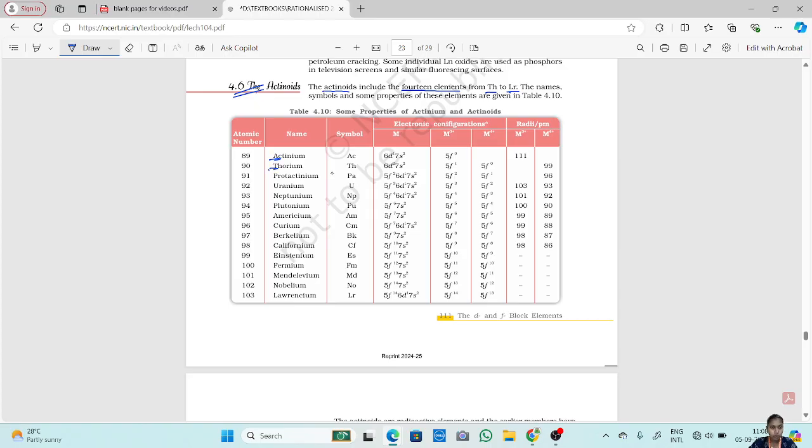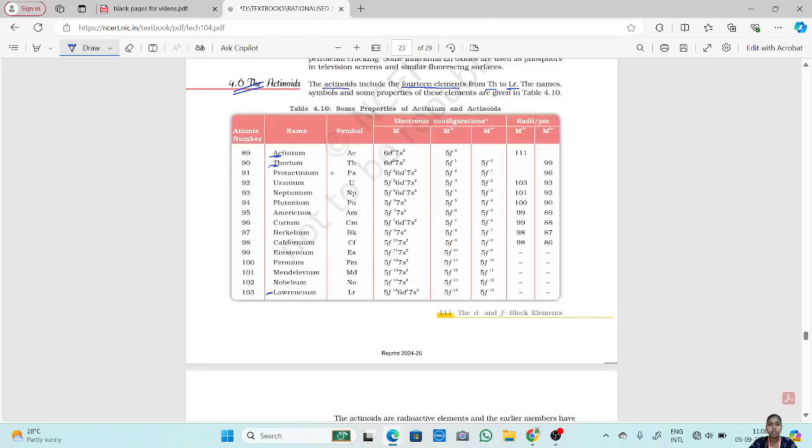These are the symbols of the 14 elements and their electronic configuration along with their atomic and ionic radius.